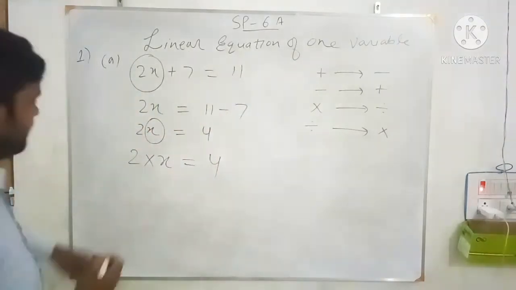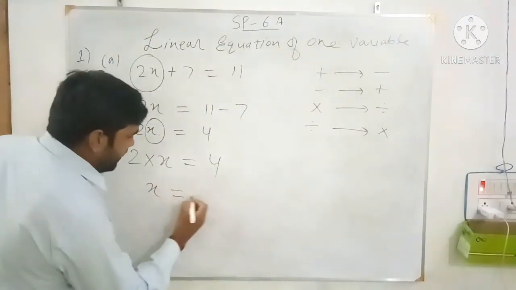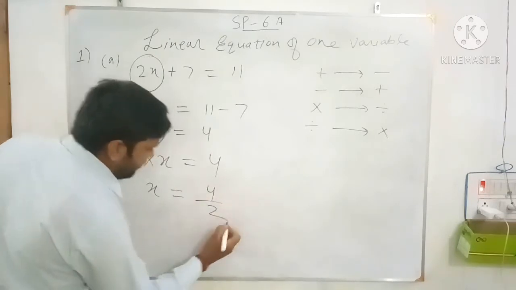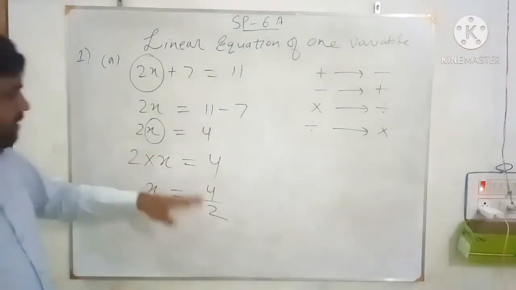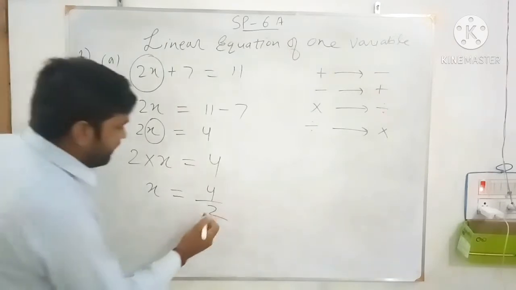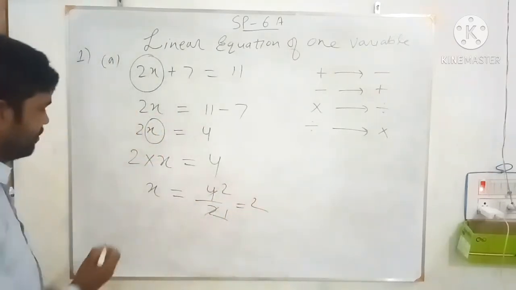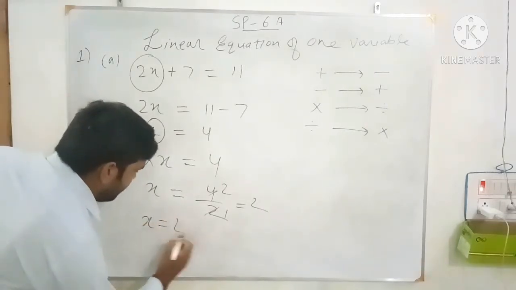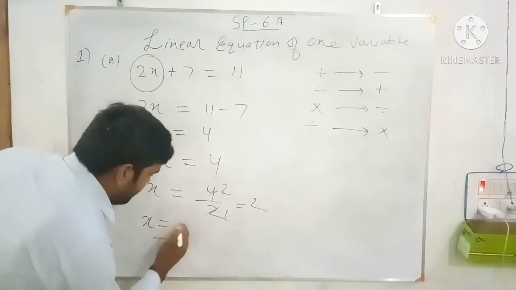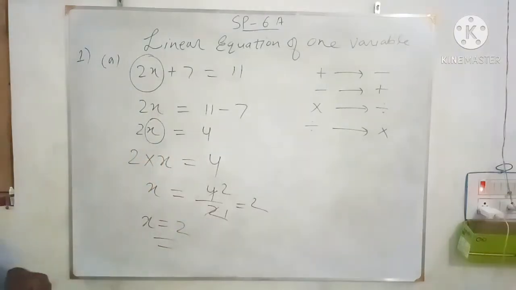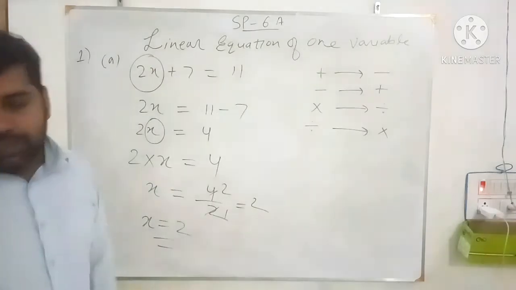Here 2 is multiplied, so it will divide. It comes down, that is 4 divided by 2. When you divide 4 by 2, 2 ones are 2, 2 twos are 4. So the value of the variable x is 2. Like this we have to solve.